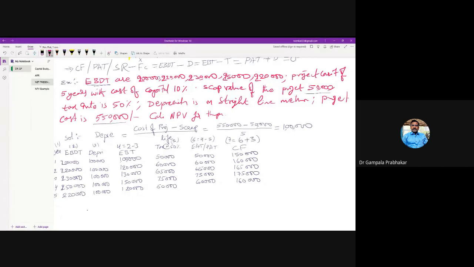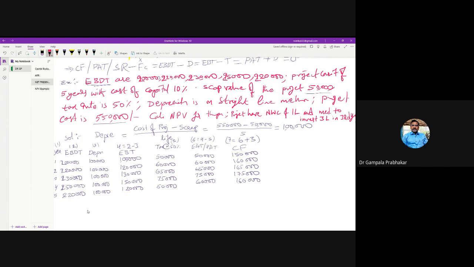So here, the project has net working capital of 1 lakh and we need to invest 3 lakh in the third year.